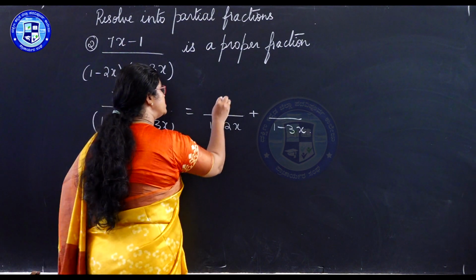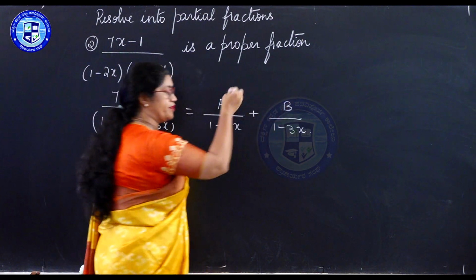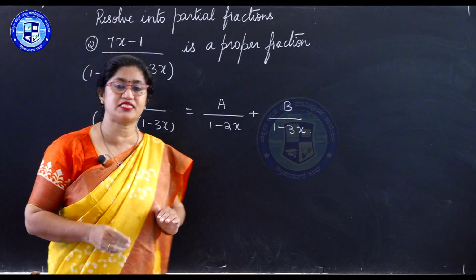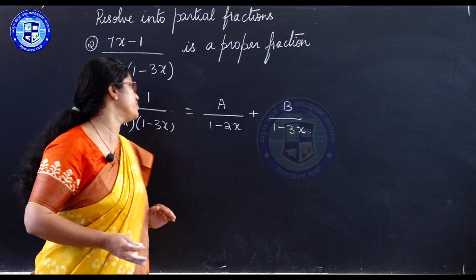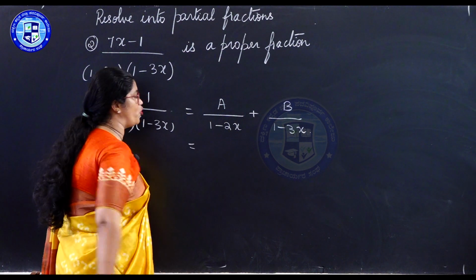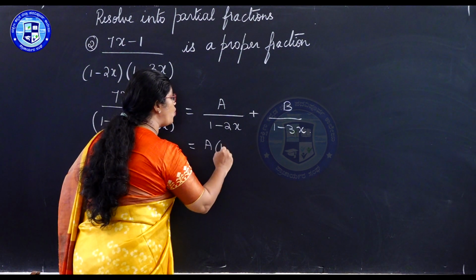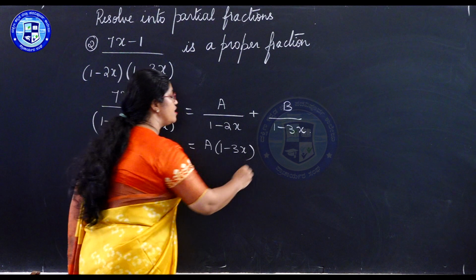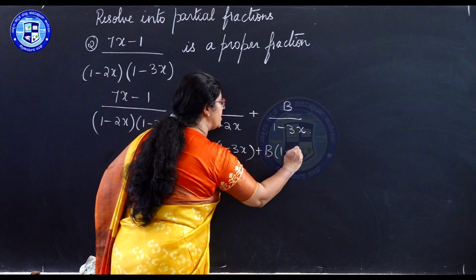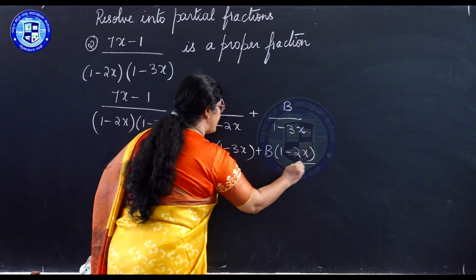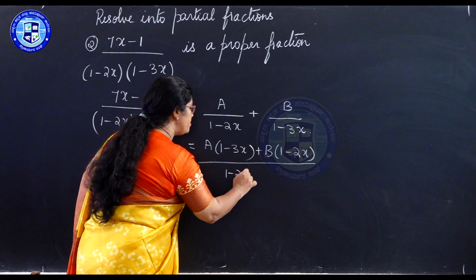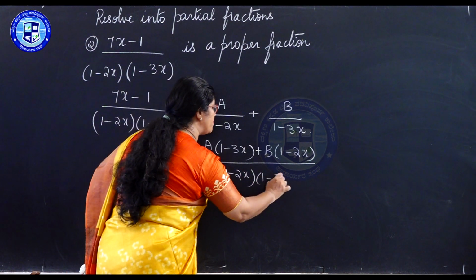Let us give the names as A and B. So the next step is take the LCM. So when you take the LCM, what do we get? A into 1 minus 3x plus B into 1 minus 2x divided by 1 minus 2x into 1 minus 3x.